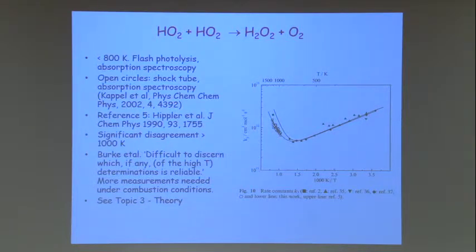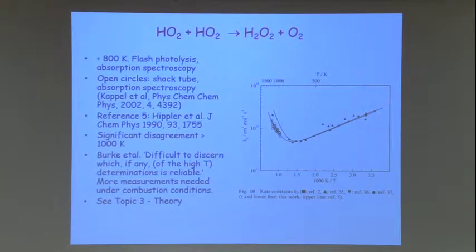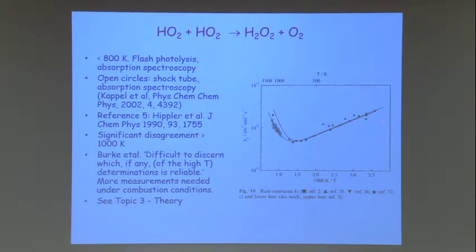Okay, now this reaction is more of a problem. This is HO2 plus HO2 going to hydrogen peroxide plus oxygen. At low temperatures, it depends upon pressure. I haven't shown the pressure dependence there, but it does depend upon pressure.